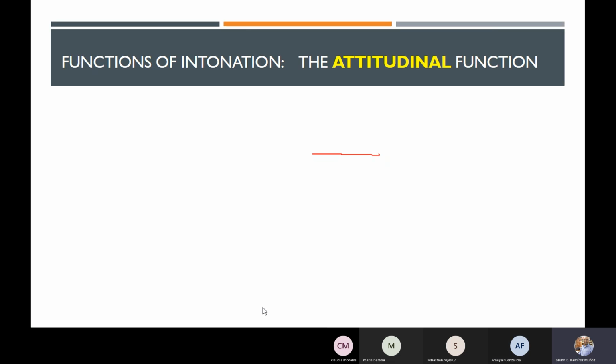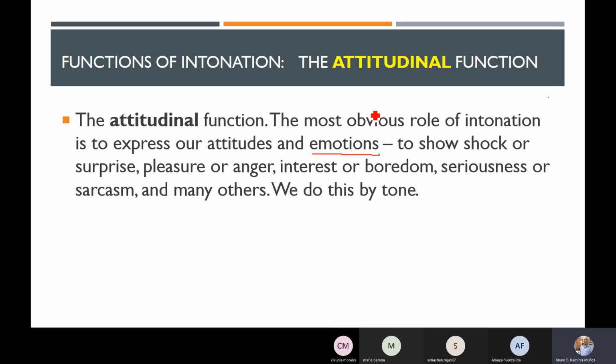Okay, so you don't know what the attitudinal function is. Is that right? Oh, you know. Maybe I know, but in Spanish, so I don't know. Okay, all right, got you.